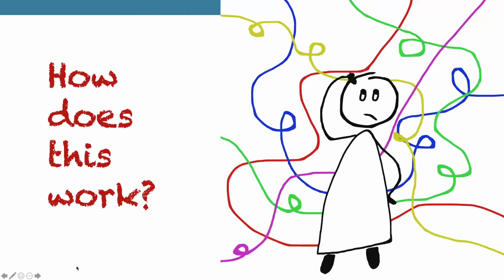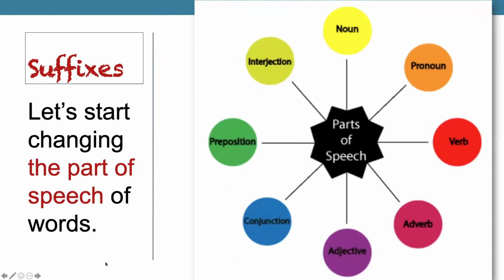Now, how does this work? How do you do this? Okay, let's start working with suffixes, because some days ago you studied about the parts of speech. So you can remember the parts of speech: noun, pronoun, verb, adverb, adjective, conjunction, preposition, and interjection.